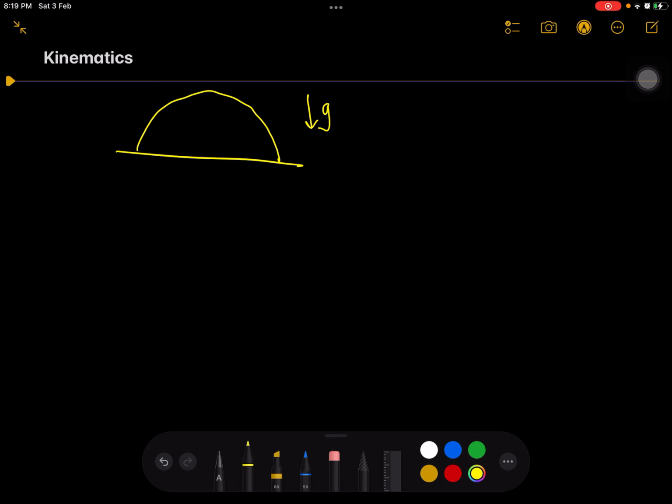Now, let's say a particle is thrown from here. You can write a displacement vector s as u vector t plus half g vector t square.